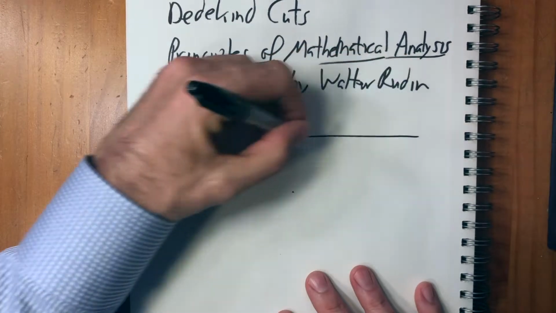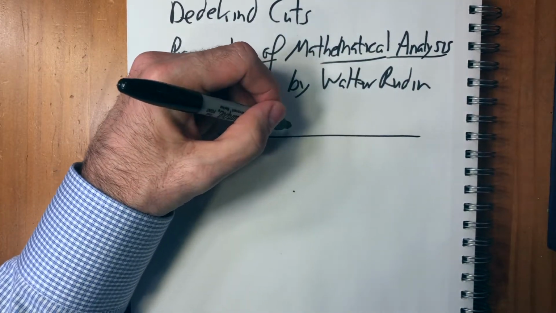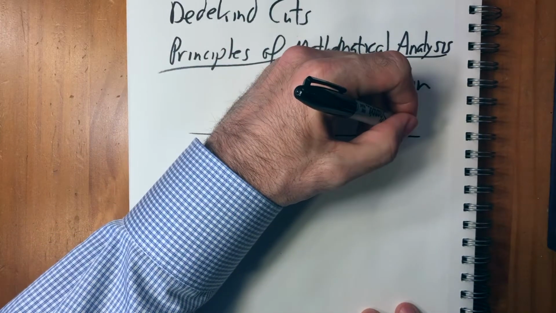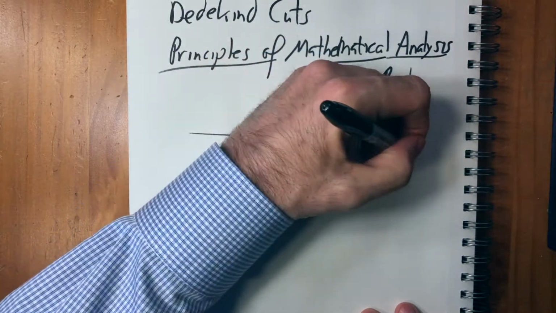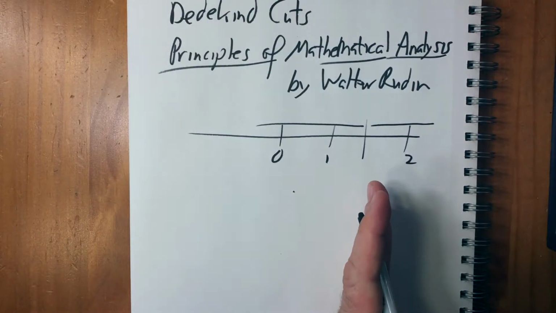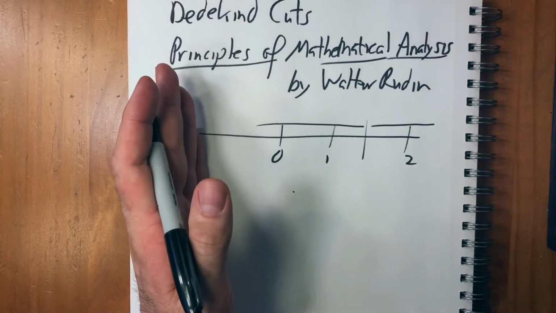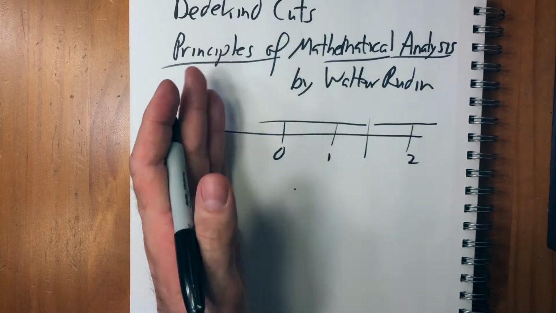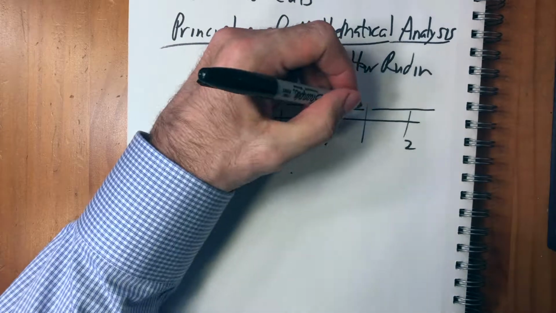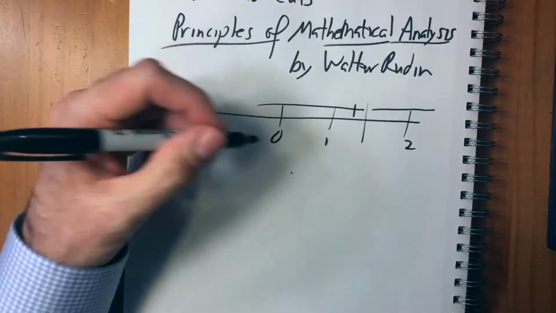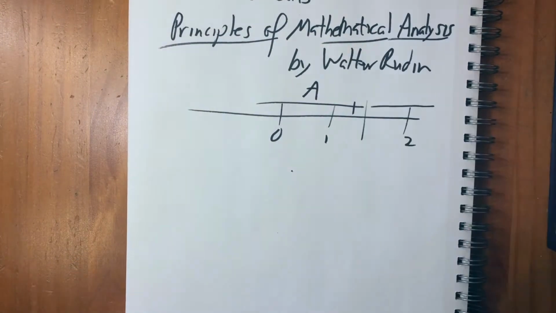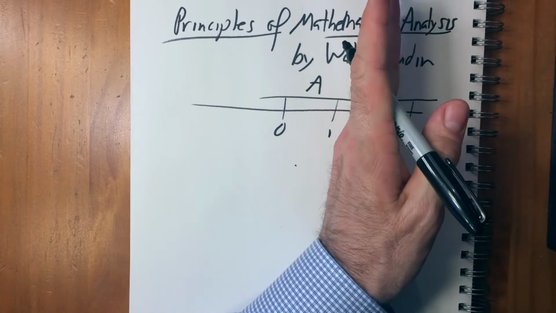But he goes a little further and proves that if you have two sets, A where p squared is less than 2 and B where p squared is greater than 2, then no matter what number in A you find, you can always find a bigger one whose square is still less than 2.